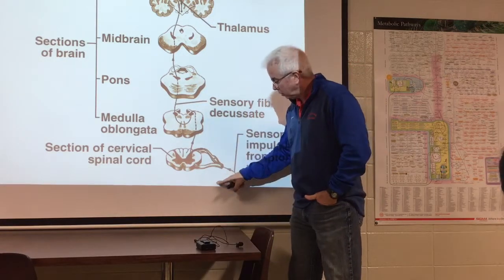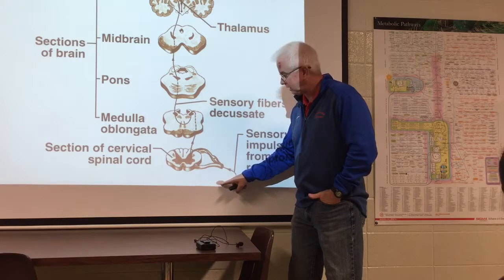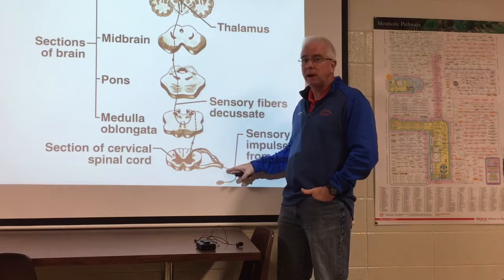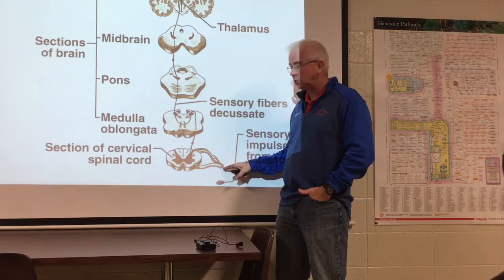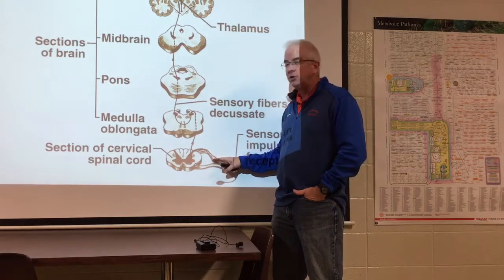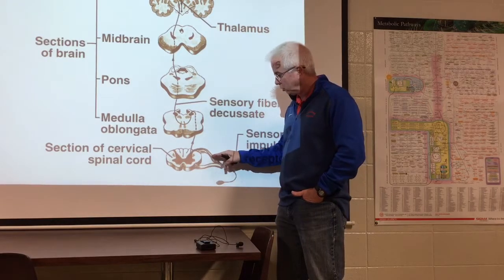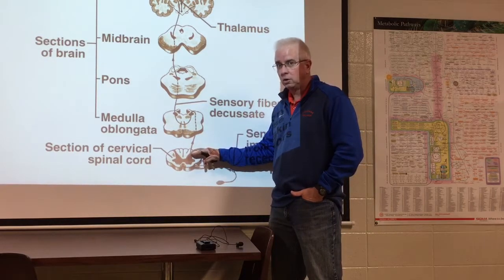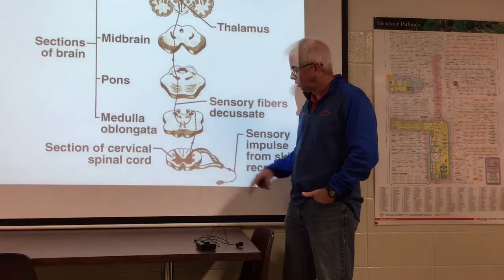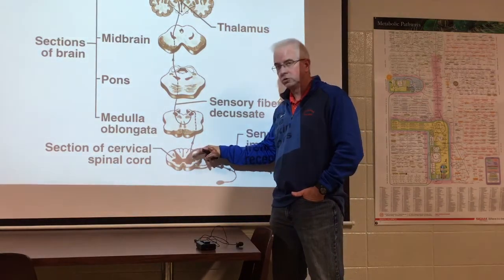So the Pacinian corpuscle from the dermatome, the skin area, carries information along the spinal nerve, and that information then travels through the dorsal root. There's the third big vocab. Through the dorsal root into the dorsal or posterior portion of the cord. Dorsal root, dorsal portion of cord.